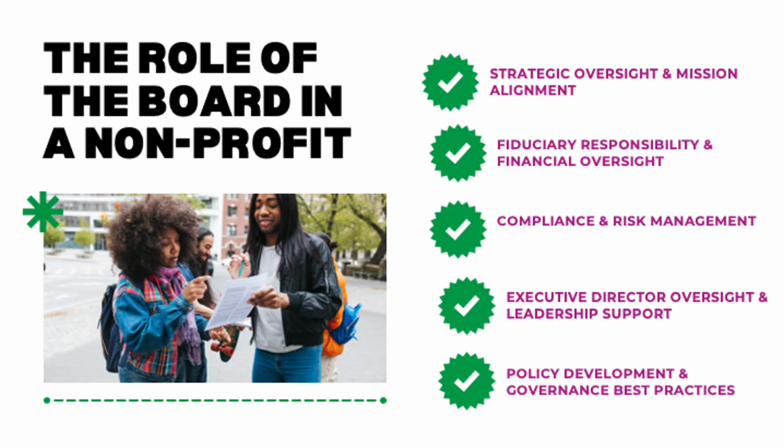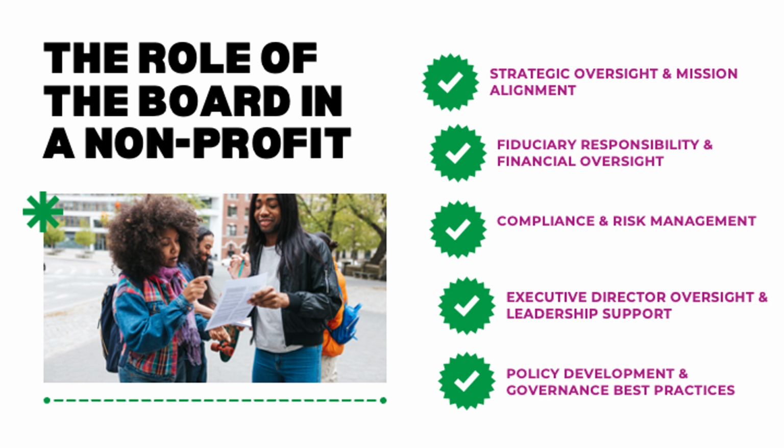Board members have key responsibilities. Those have to do with strategic oversight and mission alignment, fiduciary responsibility and financial oversight, compliance and risk management, executive director oversight and leadership support, as well as policy development and governance best practices.